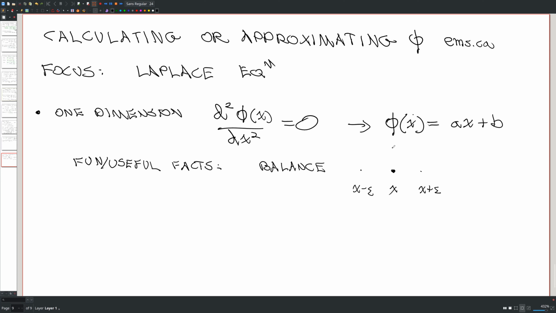So phi of x is equal to 1/2 times phi of x minus epsilon plus phi of x plus epsilon. At this stage, for you, this is just a trivial consequence of the linearity of the solution for that 1D case that we have here.